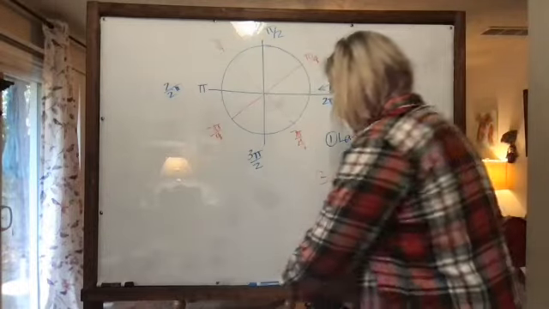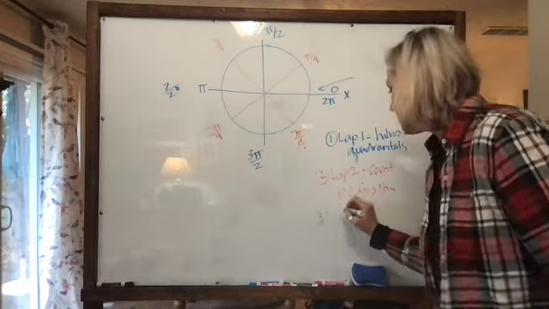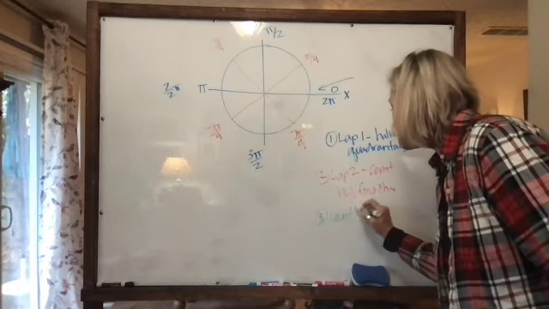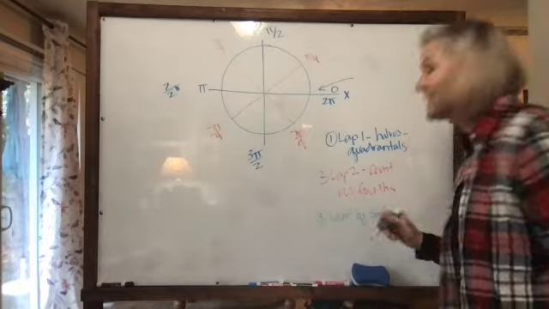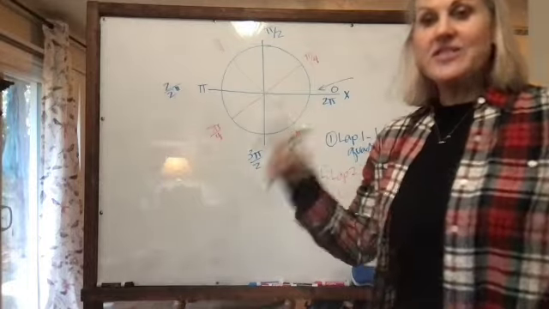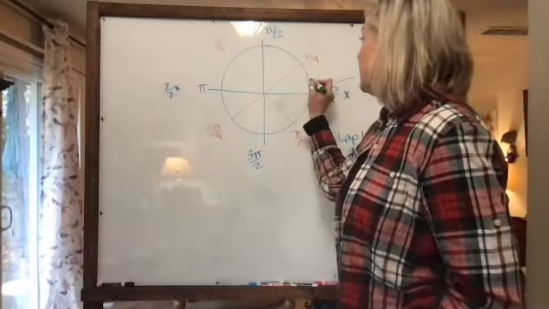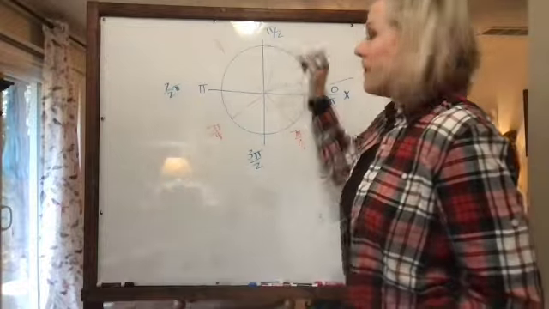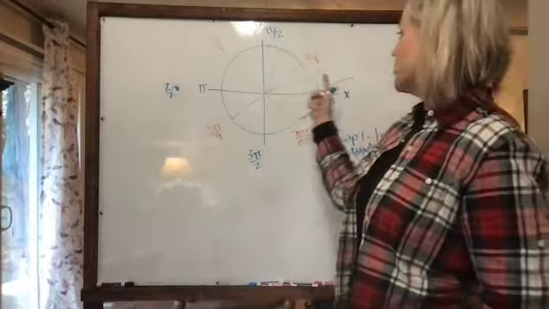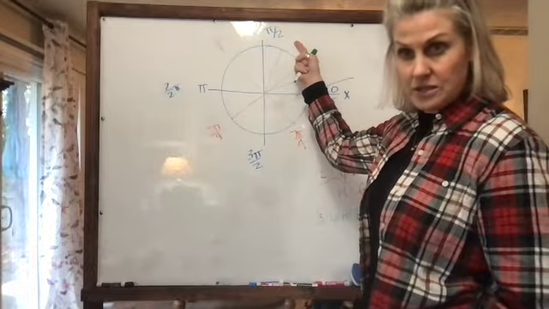And then our next lap is, we're going to count by sixths. And this is going to finish out our circle. And this is where we do the other 2 splits, the 30 degrees and the 60 degrees in each quadrant.